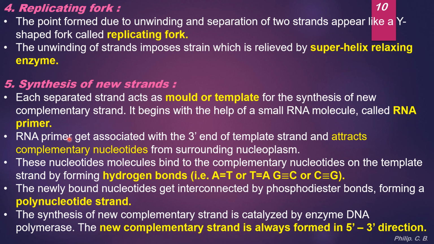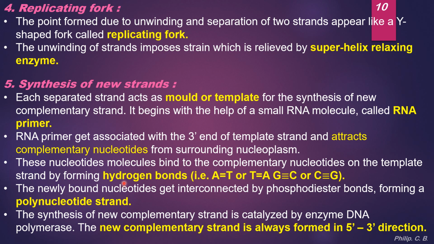So the RNA primer gets associated with the 3' end of the template strand and attracts complementary nucleotides from the surrounding nucleoplasm. So from the nucleoplasm, or as I use the term pool, the complementary nucleotides are attracted, which helps to synthesize the new strand.